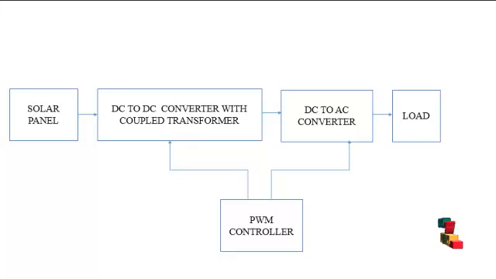The purpose of the DC to AC converter is converting one form of electrical energy into another form, that is, DC to AC, and finally the output of the DC to AC converter is fed into the load. The PWM controller generates the pulses for the power electronic switches connected in the DC to AC converter and also the DC to DC boost converter.